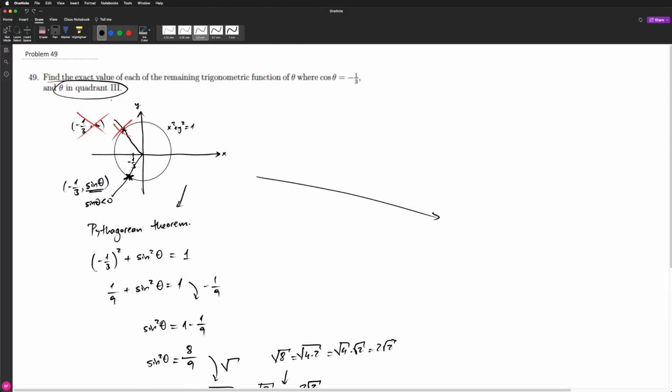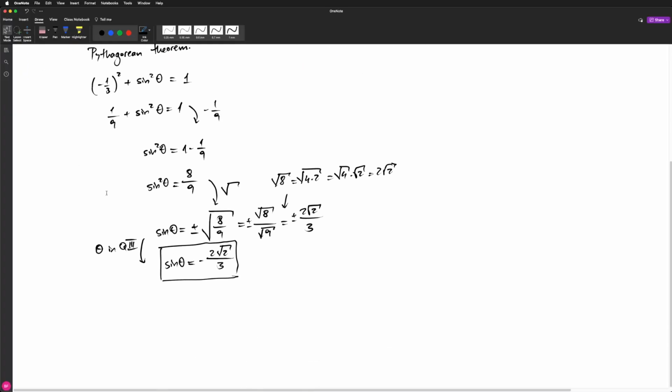And no matter what theta is, if this is the terminal ray, and the intersection has x-coordinate -1/3, and the terminal ray lies in quadrant 3, that angle will have this sine, -2√2/3. And then from here, you can figure out the other trig values. If you have sine and cosine, you have everybody else.